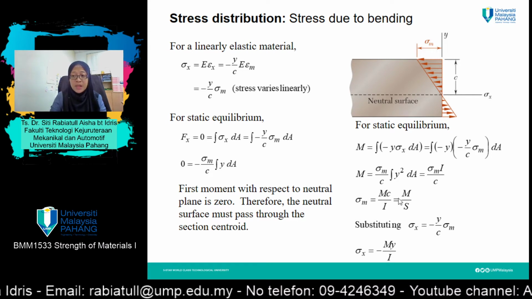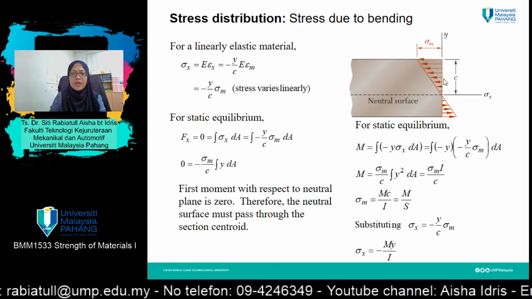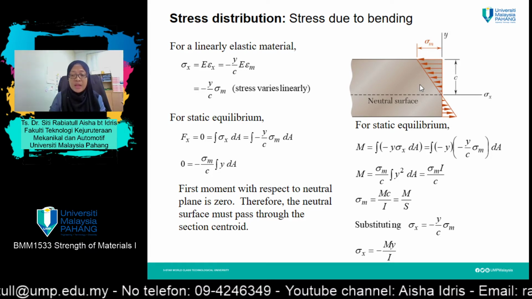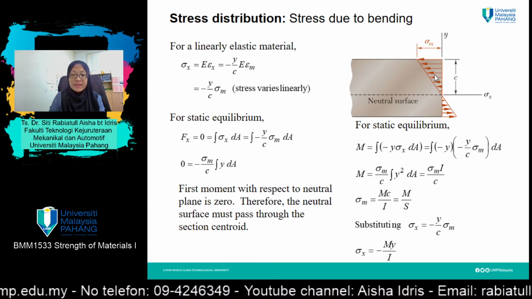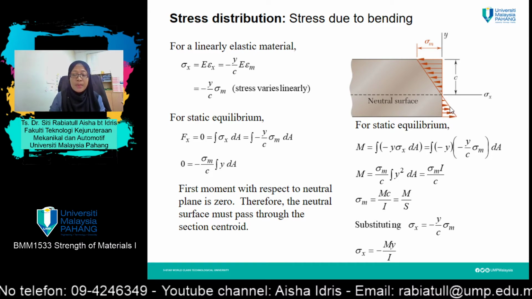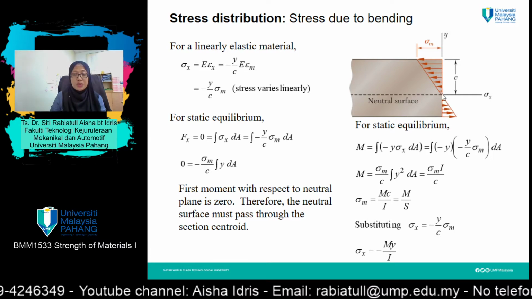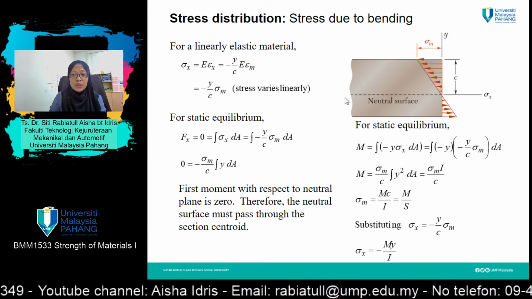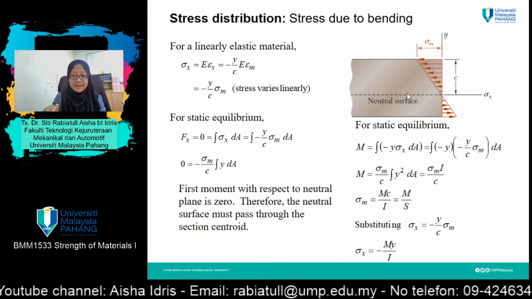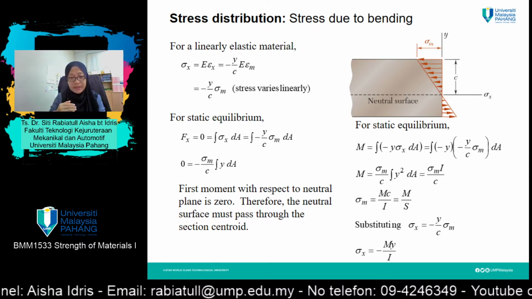For example, in this figure, if you want to find the value of stress at the upper part, then this side will suffer negative stress, whereas the lower part will suffer positive stress. So remember, always locate your neutral axis line. From there, you will know whether it will suffer positive or negative stresses.